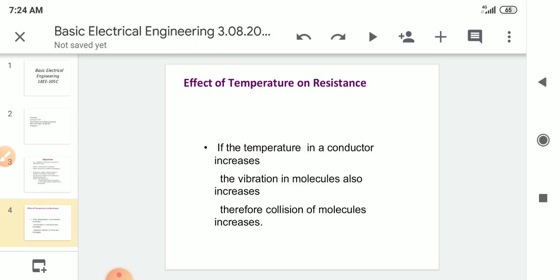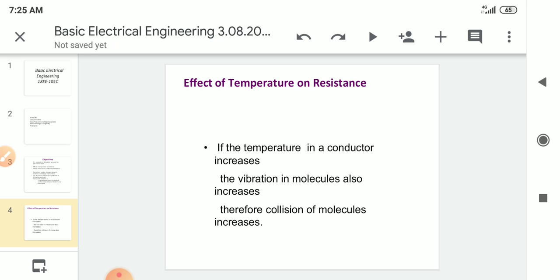It increases with increase in temperature but by a small quantity. Next, the resistance of an electrolyte decreases with increase in temperature. These also have a negative temperature coefficient. So temperature plays a very important role.